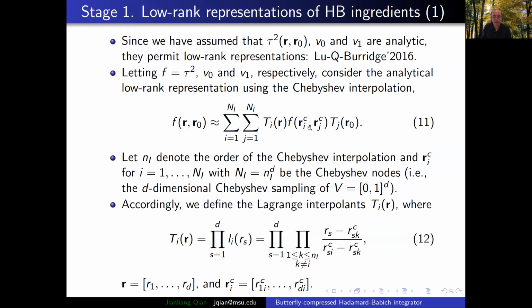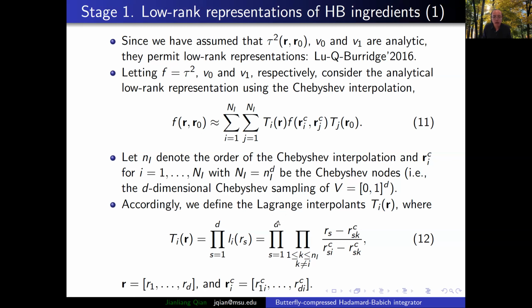Then once we have this, essentially we have a representation at each observation point and each source location for these three functions. That's the low rank representation, and the paper details how to do that.